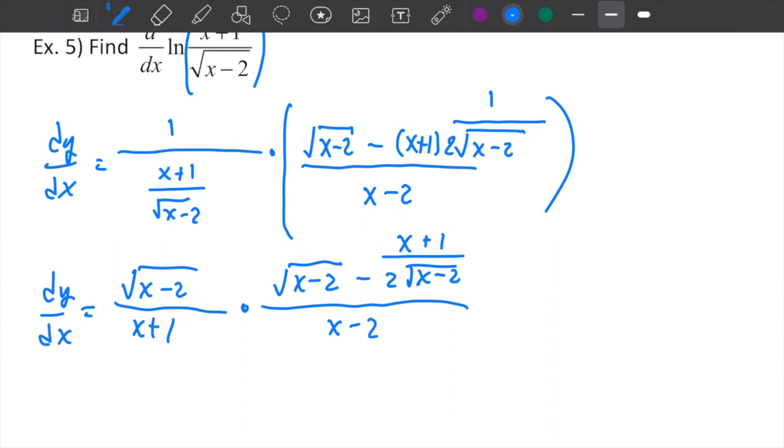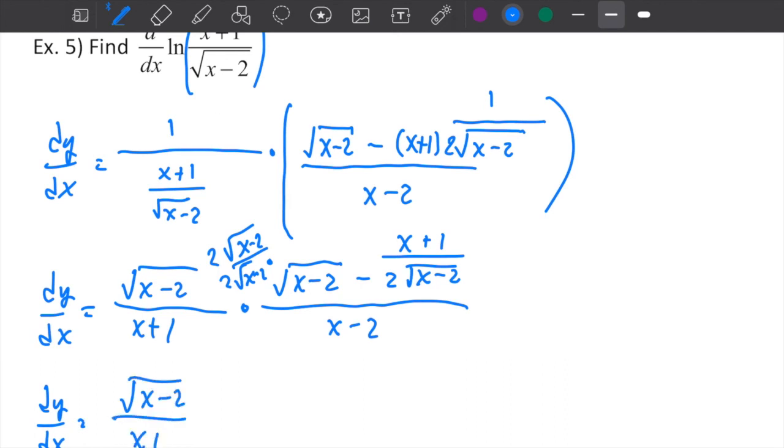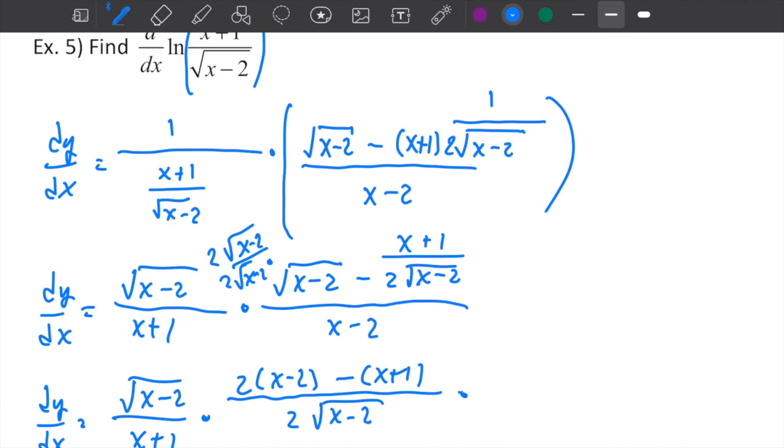If I get a common denominator with that, I multiply this by root x minus 2 over root x minus 2. Actually, that's going to be 2 root x minus 2. We've got dy/dx equals root x minus 2 over x plus 1 multiplied by 2x minus 2, subtract x plus 1, all over 2 root x minus 2 multiplied by 1 over x minus 2.